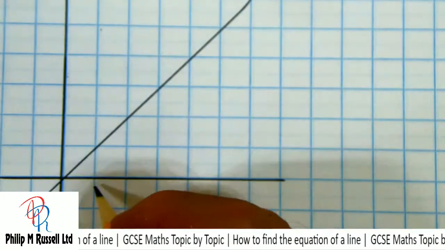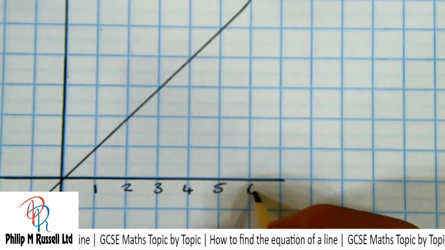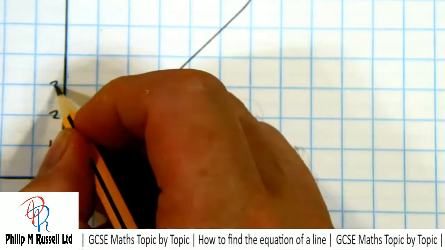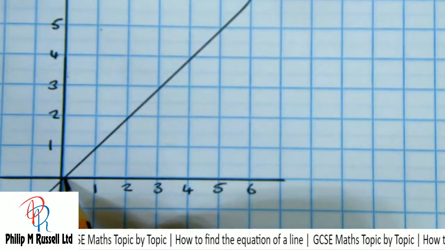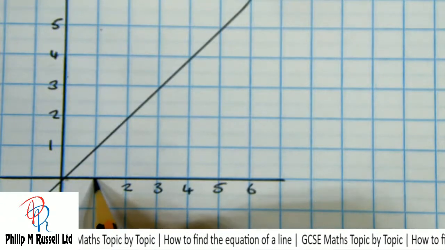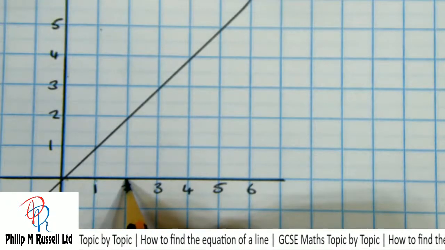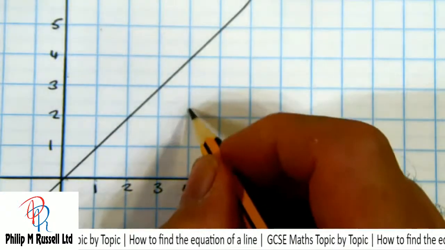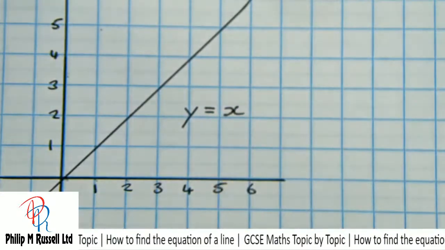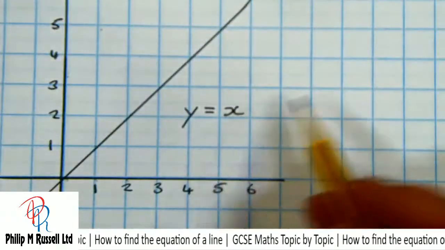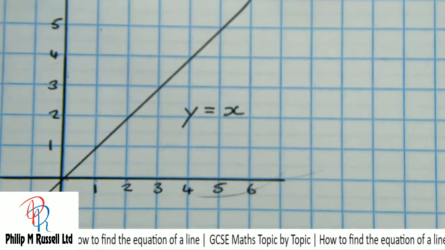So if I were to mark in some numbers here, then if we look at this line we can see that every time we go along 1 we go up 1, along 2, up 2. So this is the graph of y equals x. There's no mx plus c, there's nothing else. That is the simplest of the line graphs.